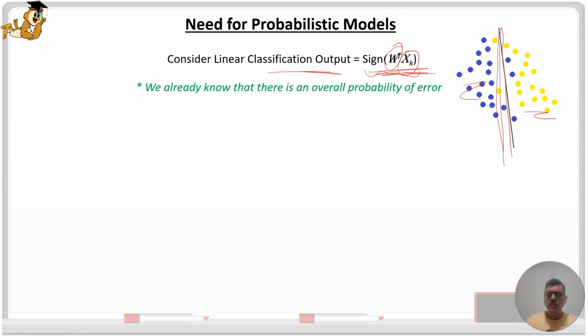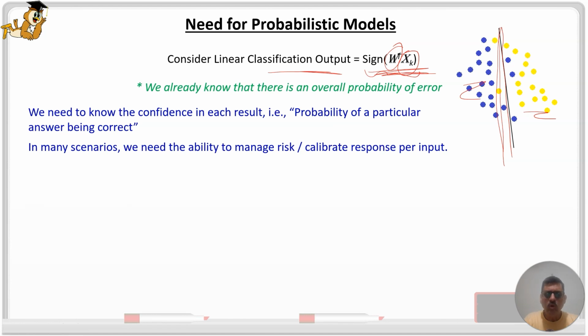Now, when we talked about the linear classifier, we already knew that there was going to be an overall probability of error. We knew that our classifier would not give us the correct answer 100% of the time. It would give us wrong answers a certain number of times, and therefore there was an overall probability of error or an overall accuracy that you would associate with your linear classifier.